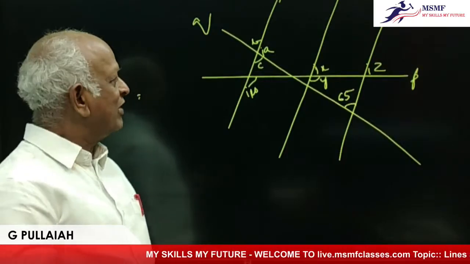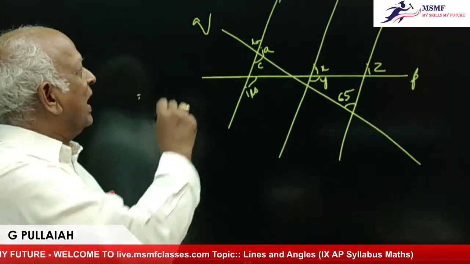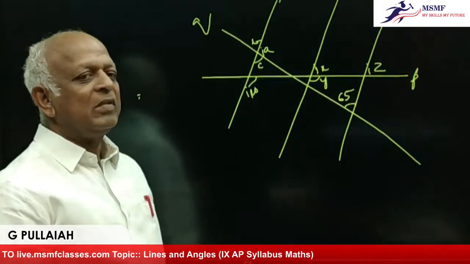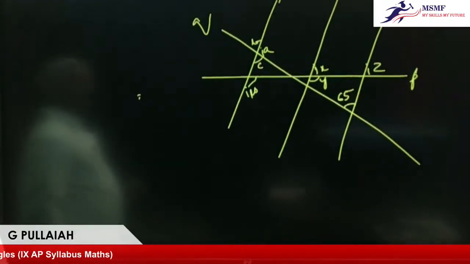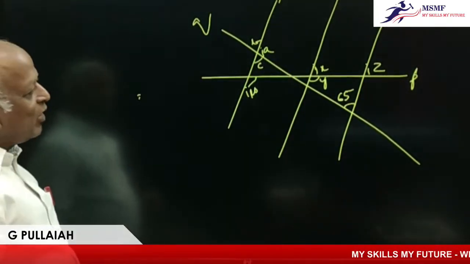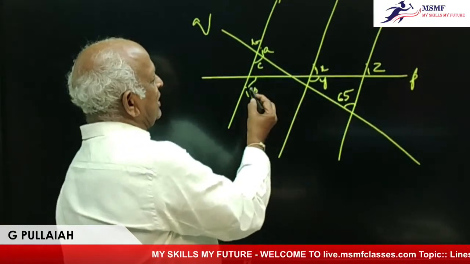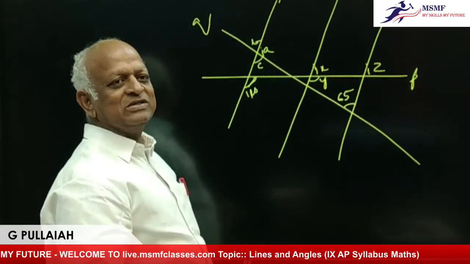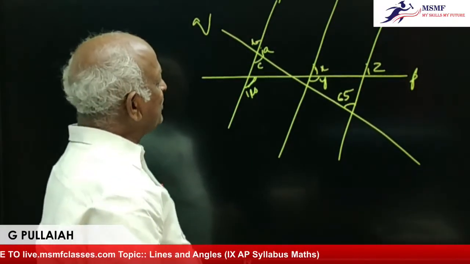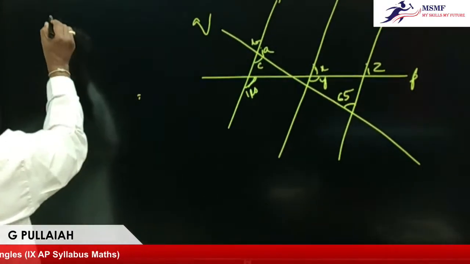Let us take the P transversal only, and L, M, N are the parallels. So then, I hope that Y and 110 degrees are the corresponding angles. Now we will come to a conclusion that angle Y is equal to 110 degrees.